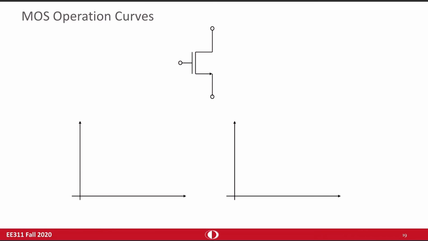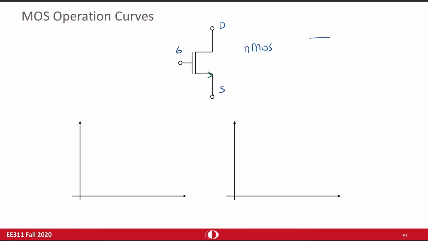Let's remember the MOS operation curves very briefly. For the typical notation, drain, gate, and source, this is an NMOS, let's say.